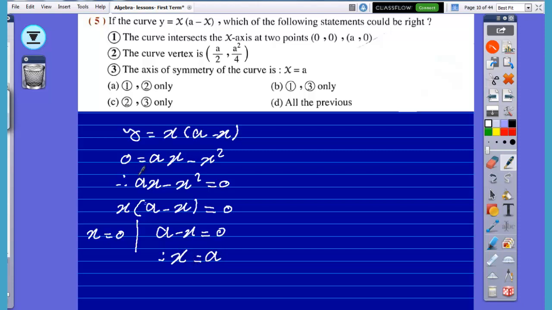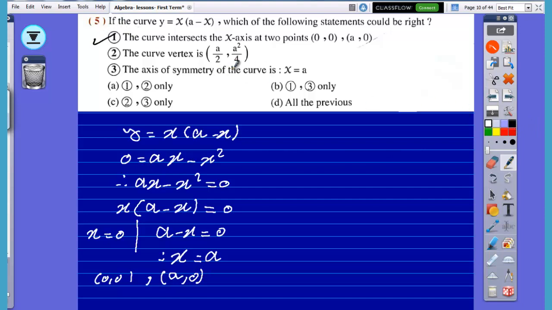So when y equals 0 we have x equals 0, and also x equals a. So the curve intersects the x-axis at the 2 points (0, 0) and (a, 0). So the first solution is right.